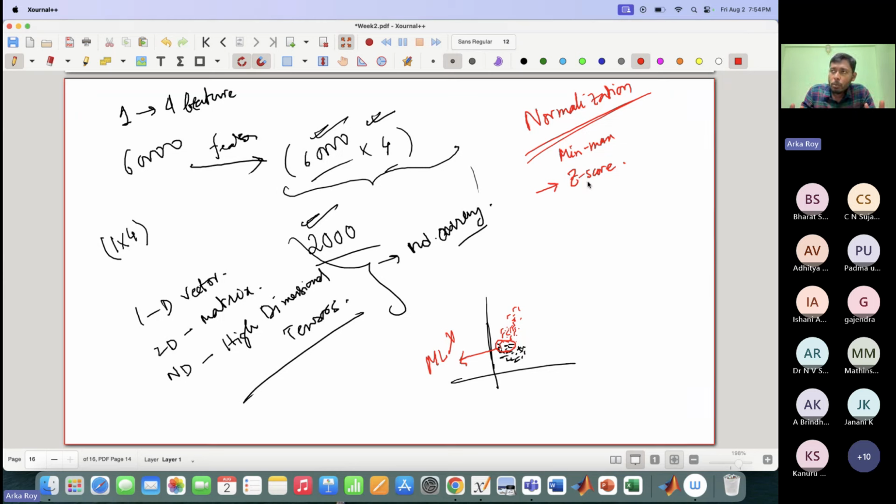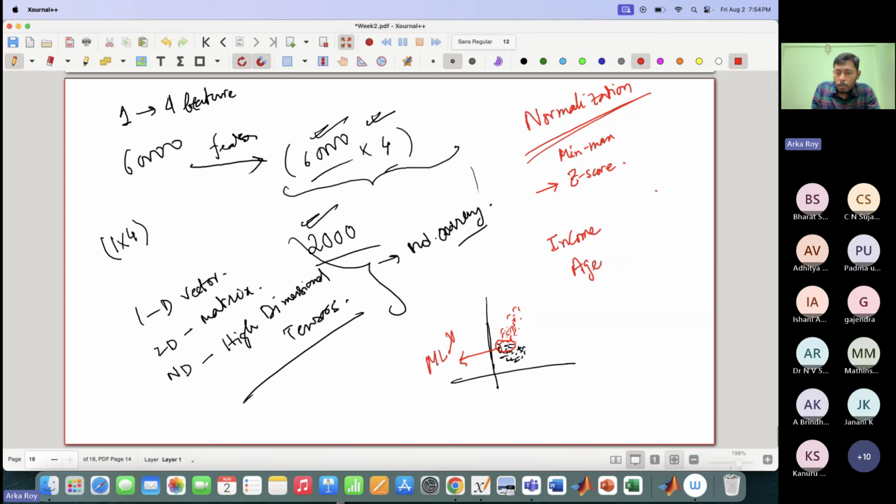One naive example could be, let's say, I want to classify, based on a certain person's income and some other attributes, whether a loan should be provided or not. Let's say I have two features: one is income and another is age.